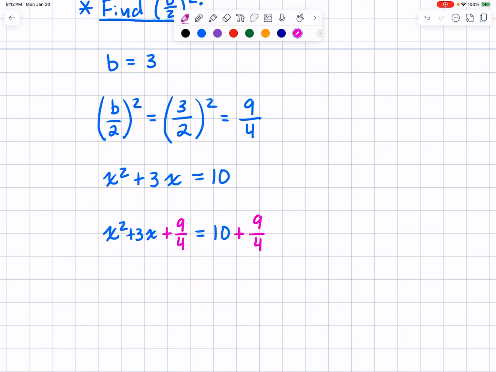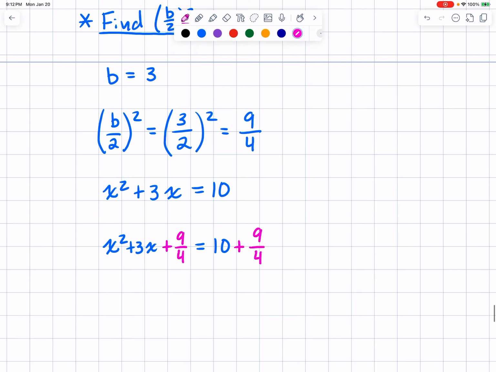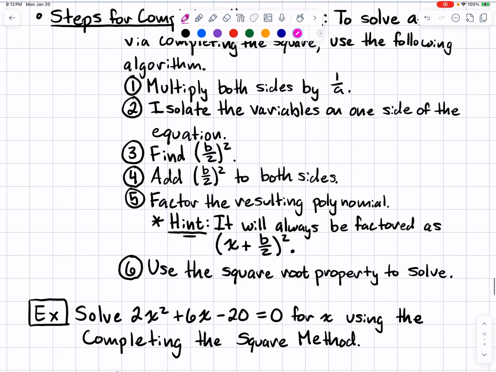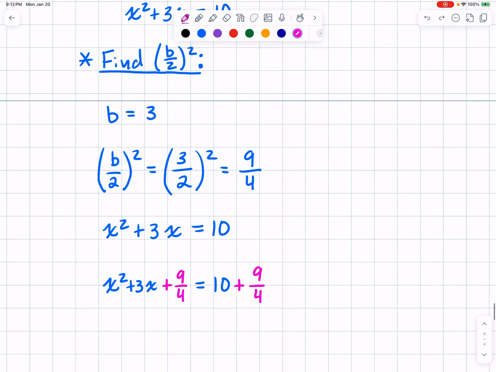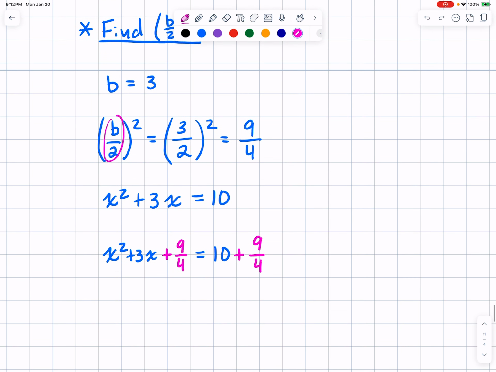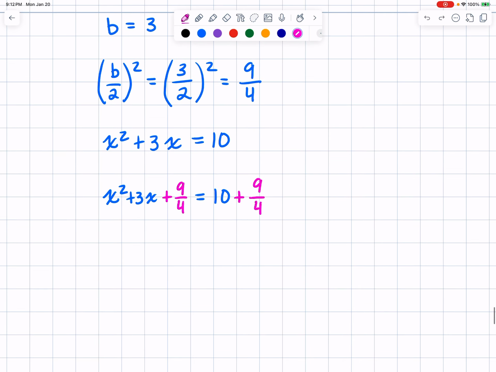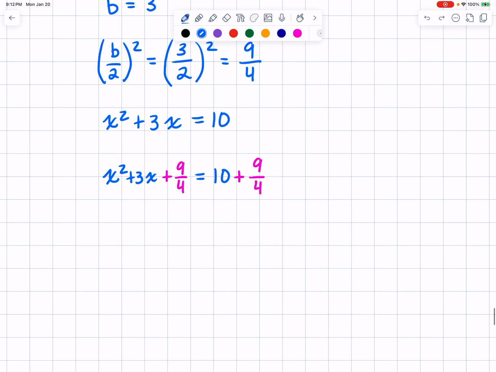So on the left-hand side, if we scroll back up here, we want to factor the polynomial, but we were given a hint. It will always be x plus b over 2 squared. But we know what b over 2 is. B over 2 is what's inside here. So it's 3/2. So when we factor, we know it's going to be x plus 3/2 squared.